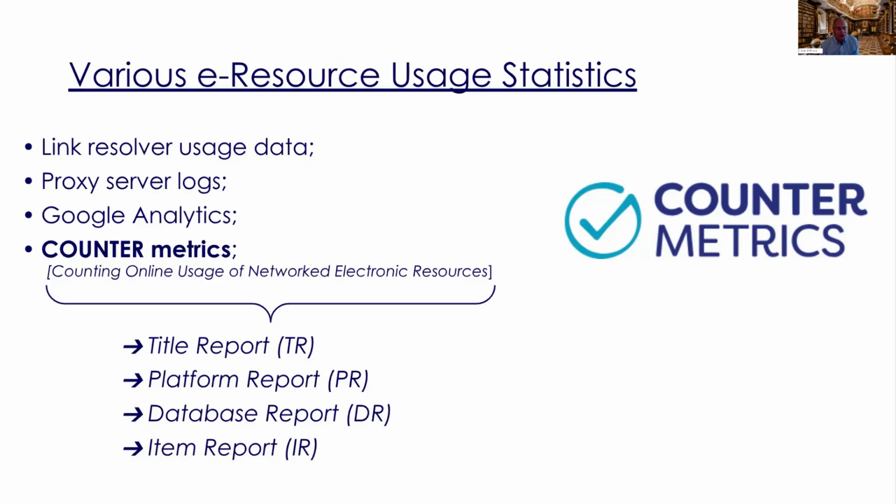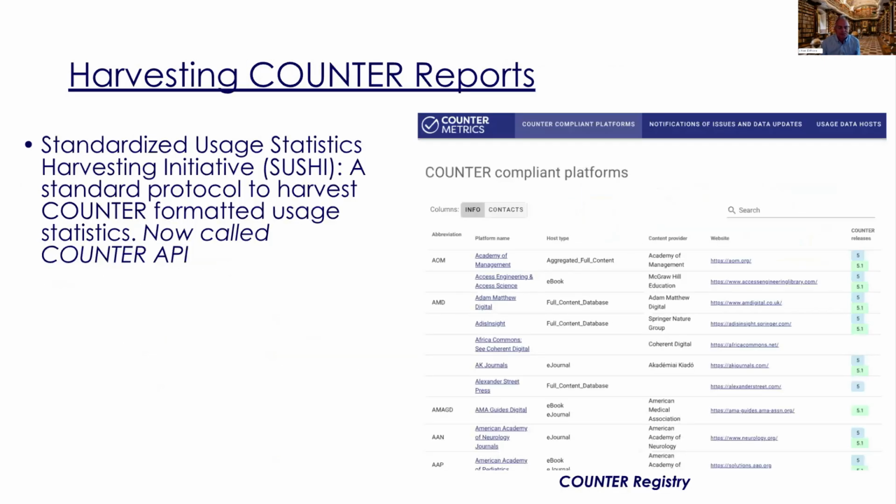And with COUNTER 5, things shifted to describe the user behavior on vendor websites in terms of 4 different master reports: the title report, the platform report, the database report, and the item report. Those are, in essence, when we say the COUNTER metrics, where the data is encapsulated in those 4 different reports.